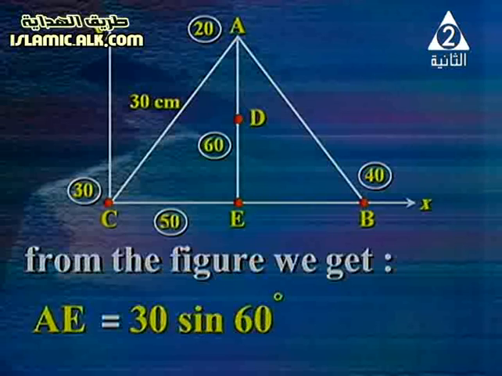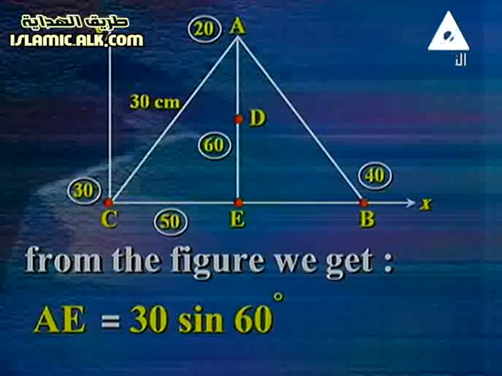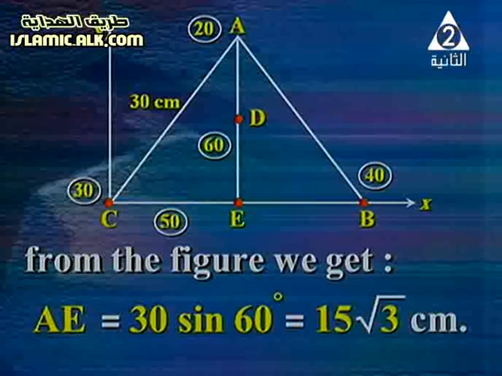30 sine 60. Why? Because look at triangle ACE, angle C measures 60 degrees. AE over AC equals sine 60. Sine 60 equals AE over 30, so AE equals 15 root 3 centimeter. Why? Because sine 60 is root 3 over 2, times 30 equals 15 root 3.